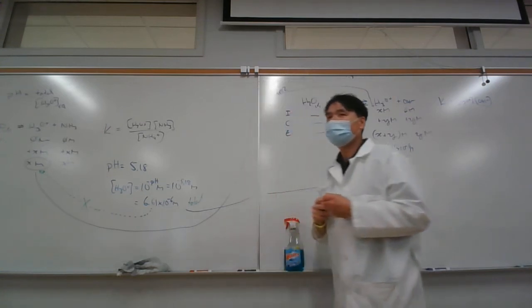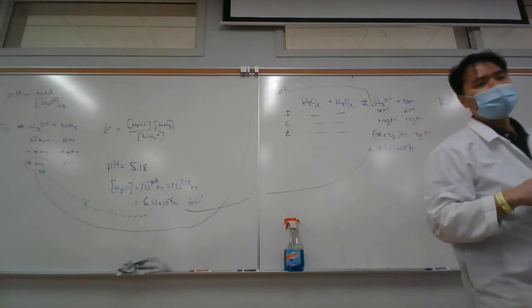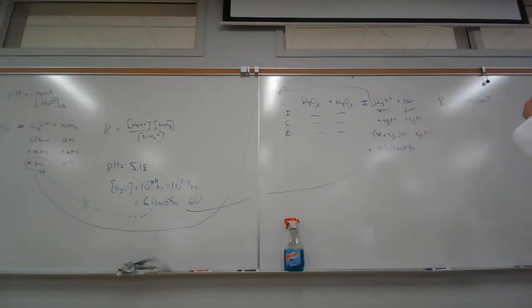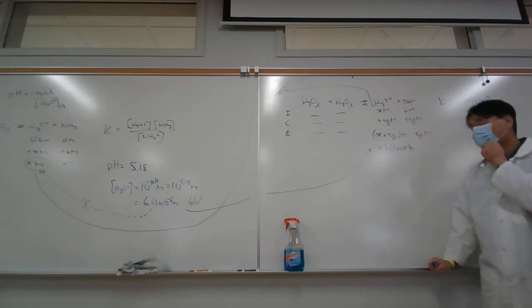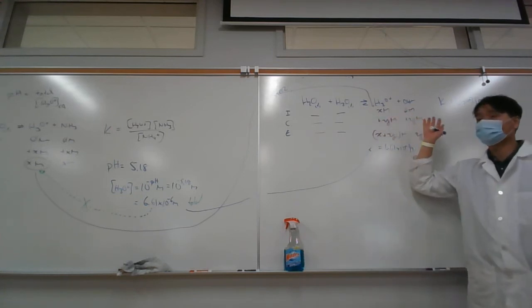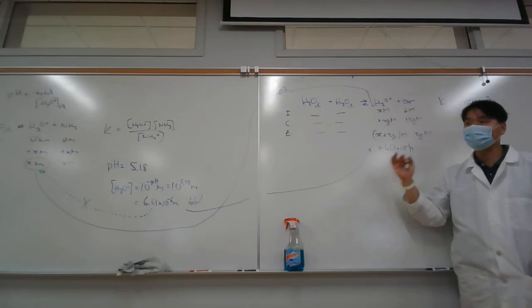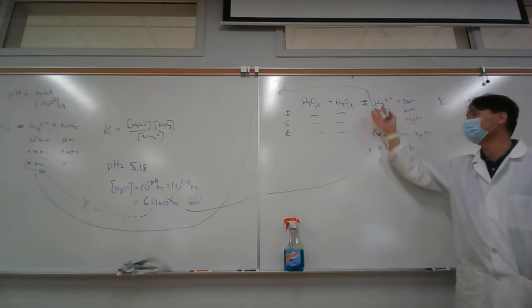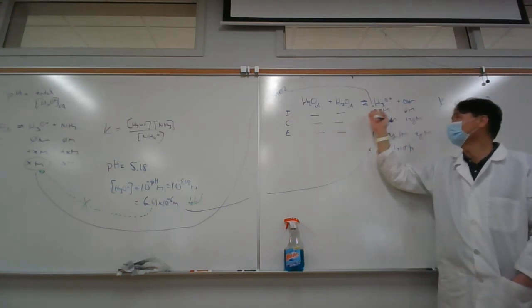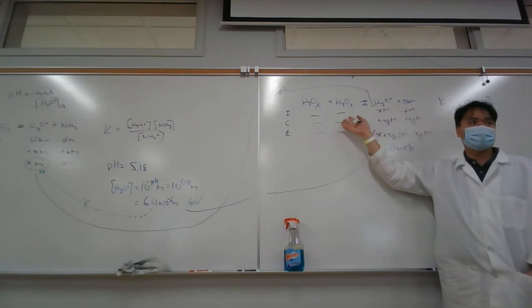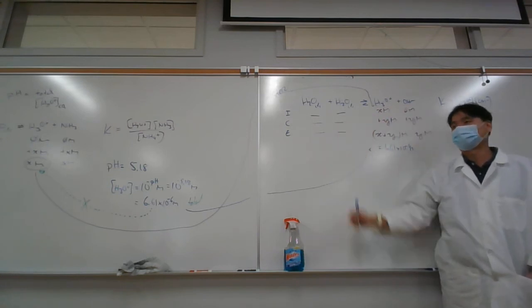So I didn't bother doing step 2 because of this. I was expecting a negligible amount of hydronium. Why? I was expecting a negligible amount of hydronium because what happens if I add more hydronium? Le Chatelier's principle says if I have, let's say, Kw at equilibrium and I add more hydronium, it's going to shift the equilibrium to the left. If I add more hydronium to this, it shifts it to the left.